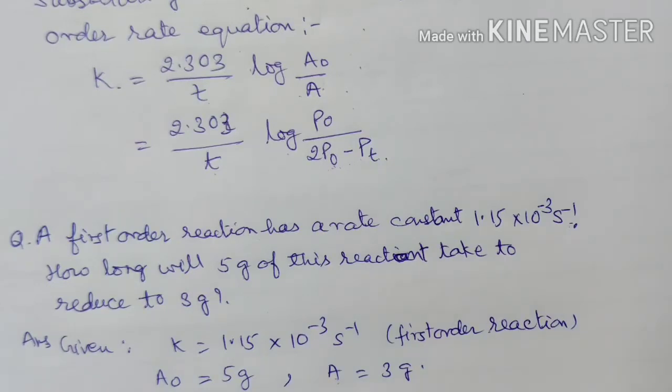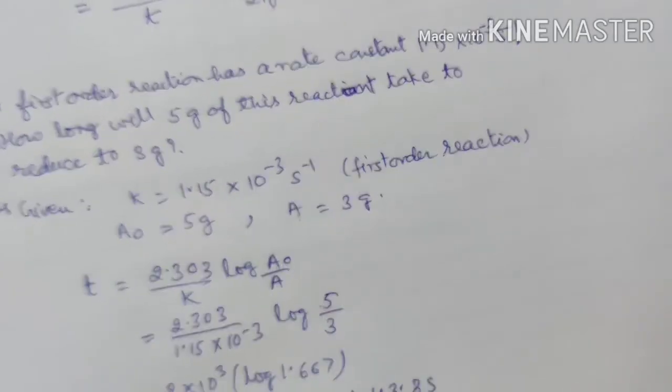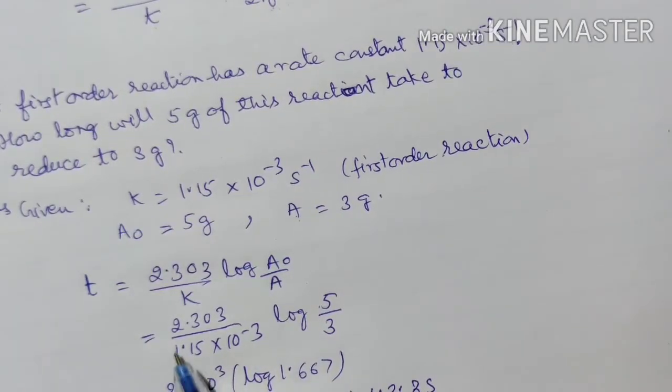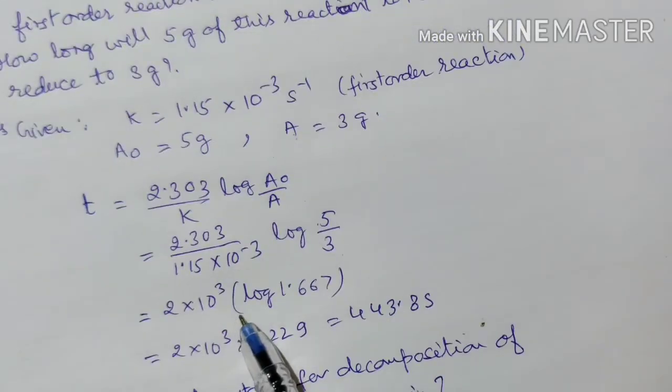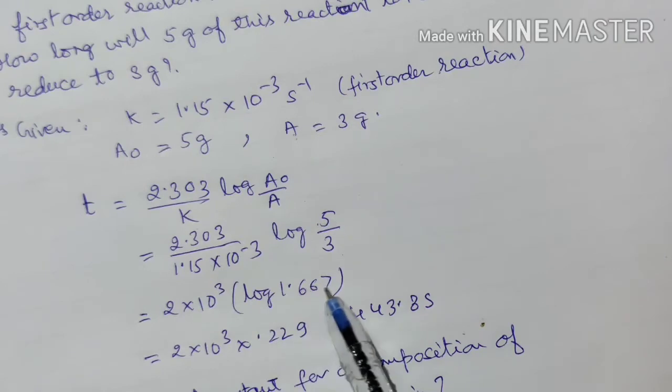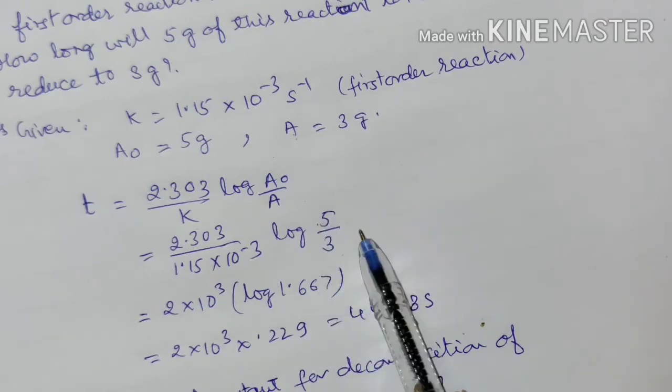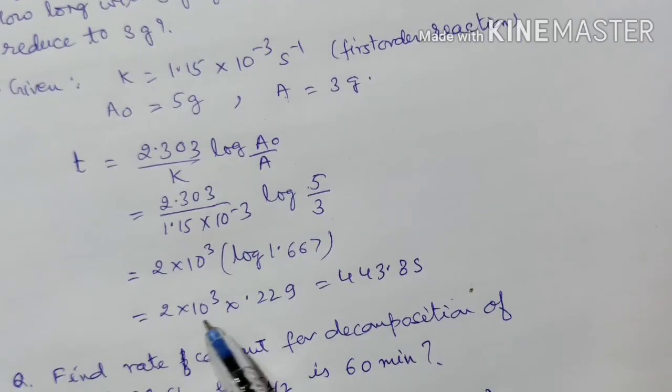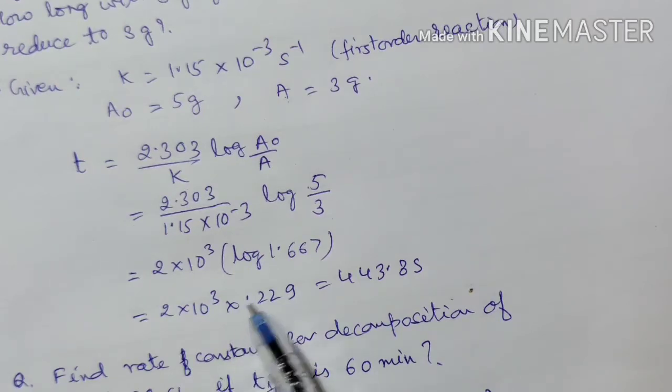Now we can write the expression T is equal to 2.303 upon K log A0 upon A. Then we can write 2.303 upon 1.15 into 10 to the power minus 3 log 5 upon 3. Then we can write 2 into 10 to the power 3 log 1.667, by solving 5 upon 3. So it is 2 into 10 to the power 3 into 0.229, that is the log value of this.